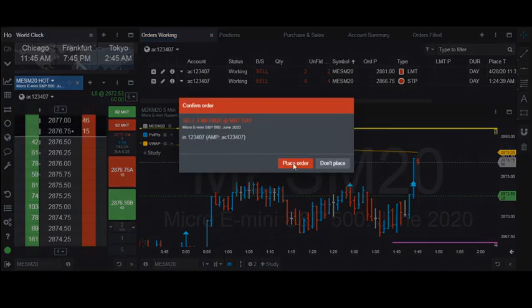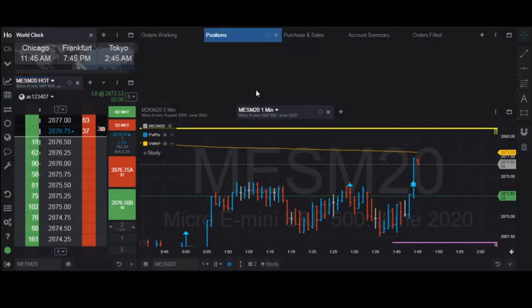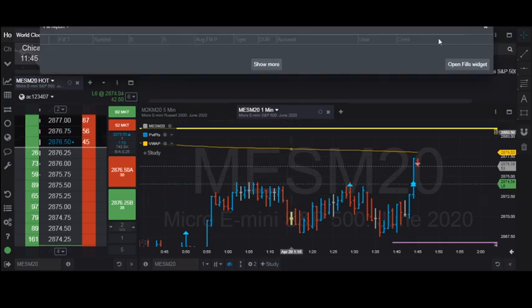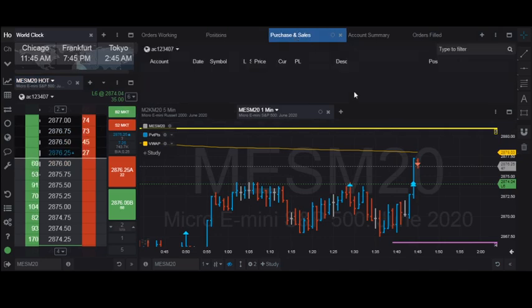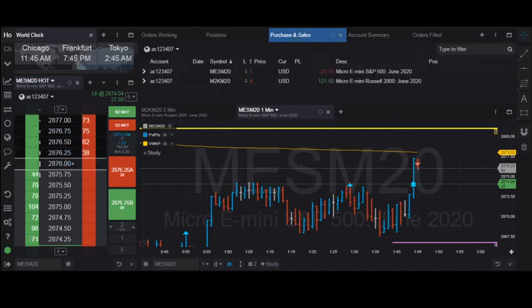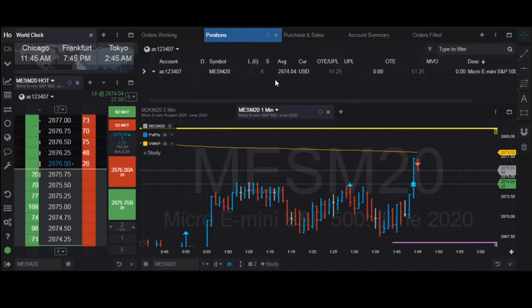I will sell 2 first. Alright, and as you can see here, looks okay. Now we are waiting for the remaining 6 positions to exit the market.